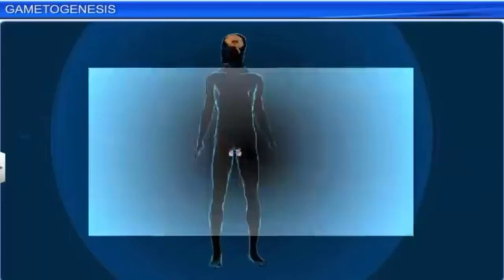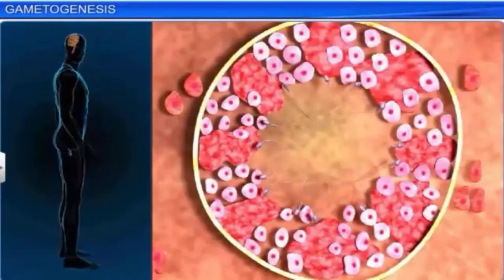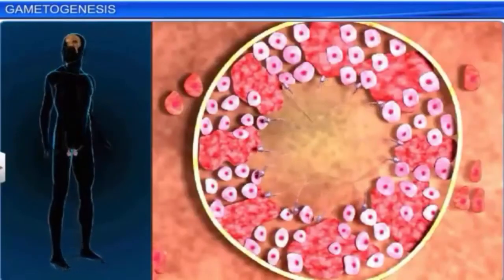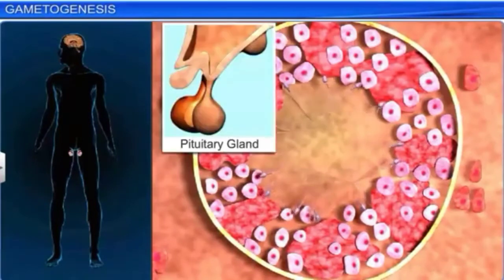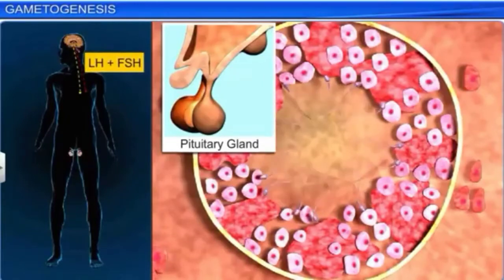The formation of sperm is triggered when the hypothalamus secretes high levels of gonadotropin-releasing hormone, or GnRH. This GnRH acts on the anterior pituitary gland and stimulates the secretion of the luteinizing hormone or LH and follicle-stimulating hormone or FSH.